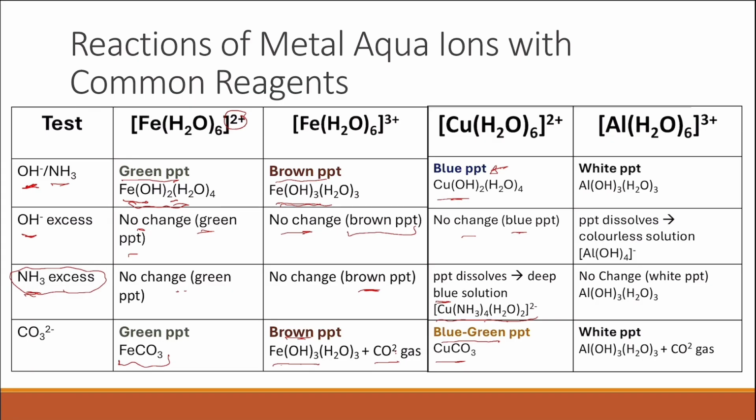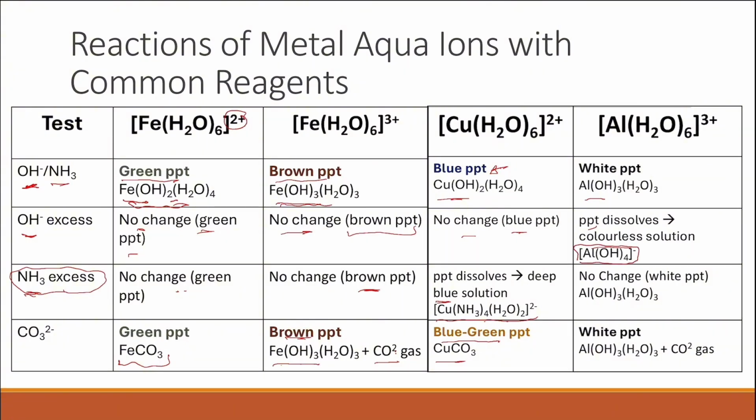Finally, the aluminum aqua ion with hydroxide or ammonia will give you a white precipitate of aluminum hydroxide. If you add excess of the hydroxide, remember the aluminum hydroxide that has been formed will have an amphoteric property, so it will act as an acid. So the precipitate will dissolve to give you a colorless solution.